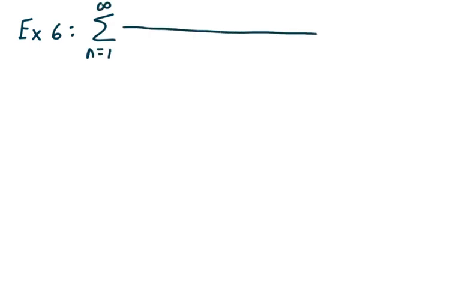Let's take a look at example 6, perhaps. Okay, let's take a look at 6. Suppose I had the summation from n equal 1 to infinity of, in the numerator, 1 times 3 times 5 times ... times 2n minus 1.